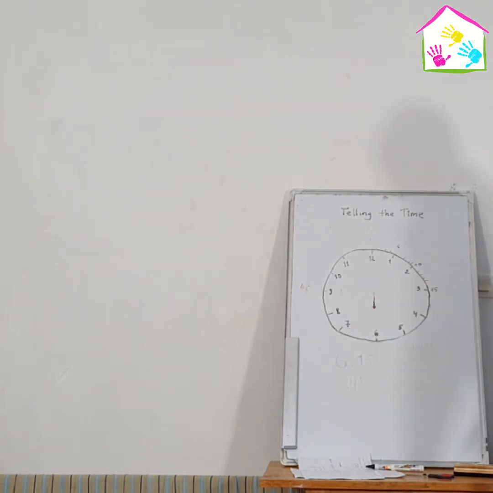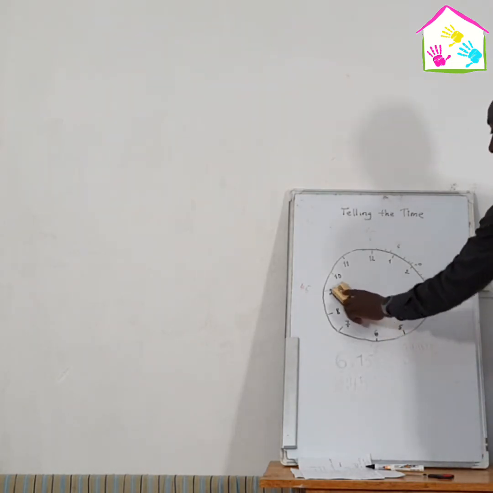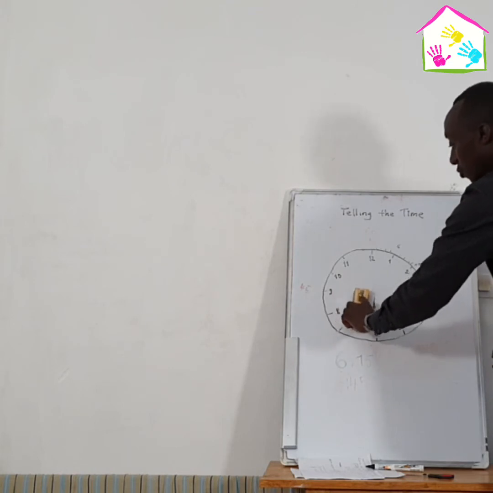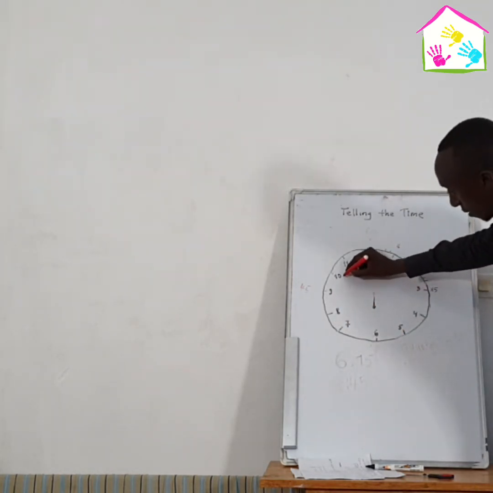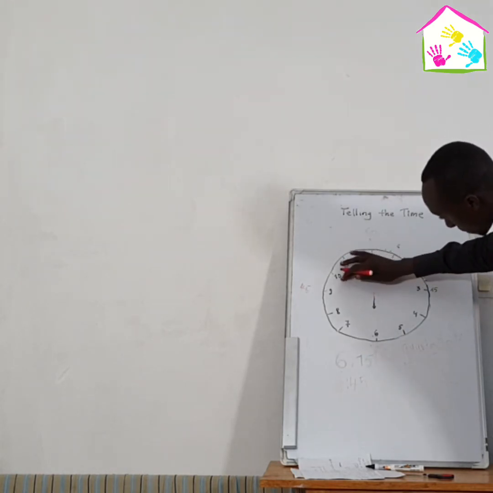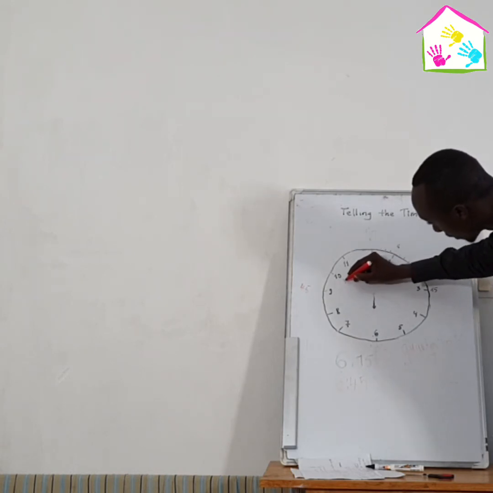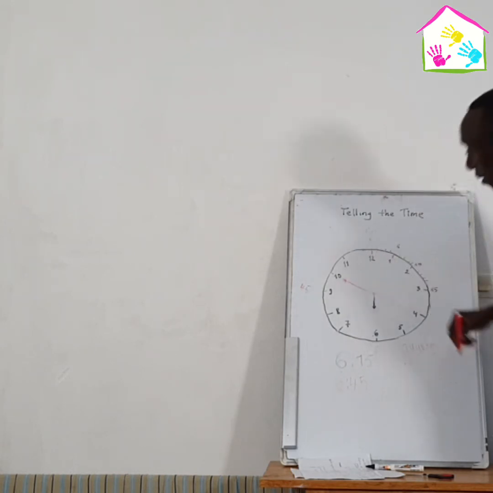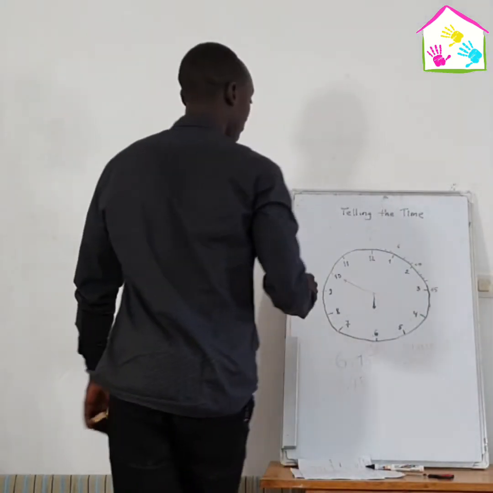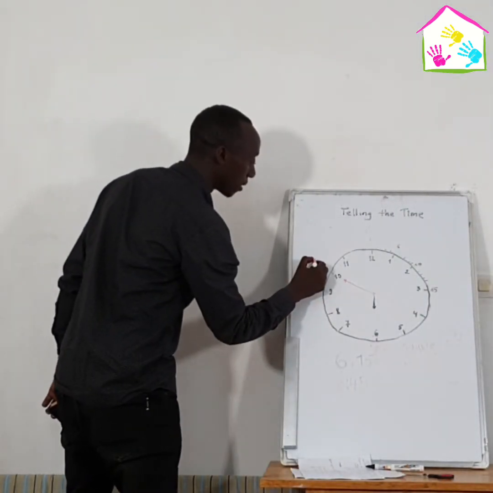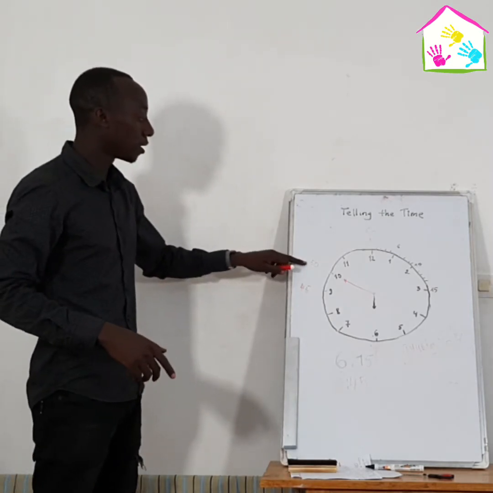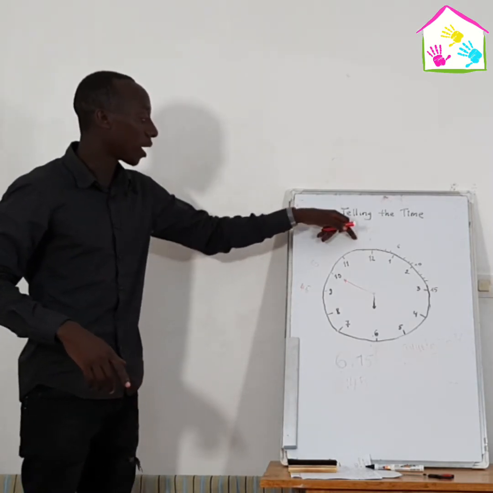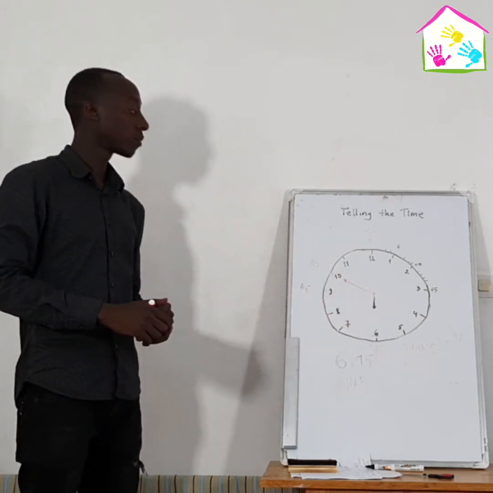Another example. Let's put this long hand of minutes here. It points at 10, which makes it 50 minutes. How many minutes do we have to move to 7 o'clock?